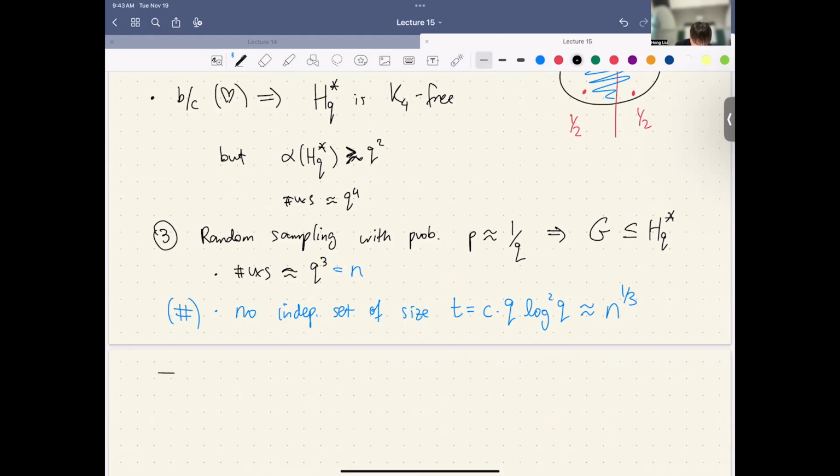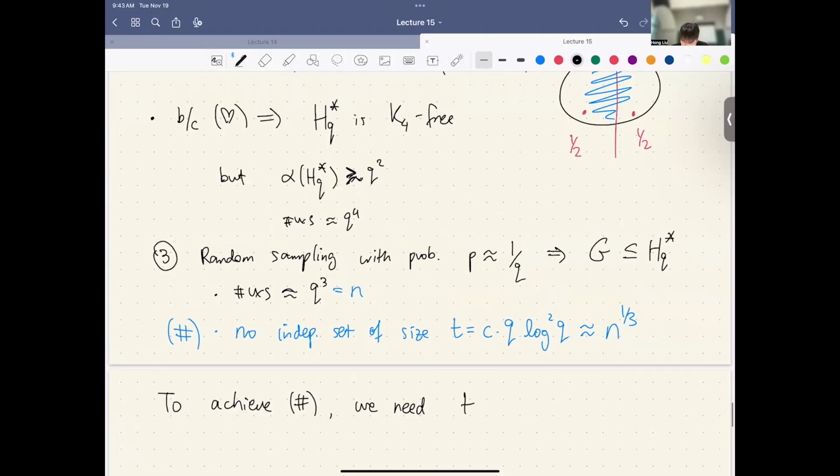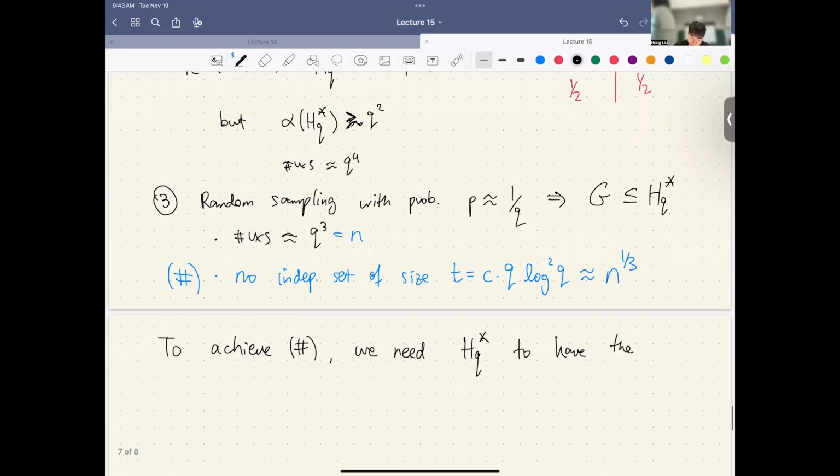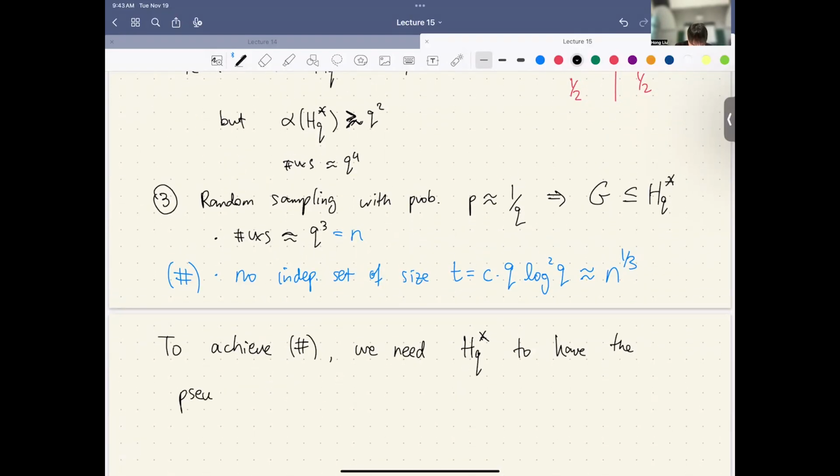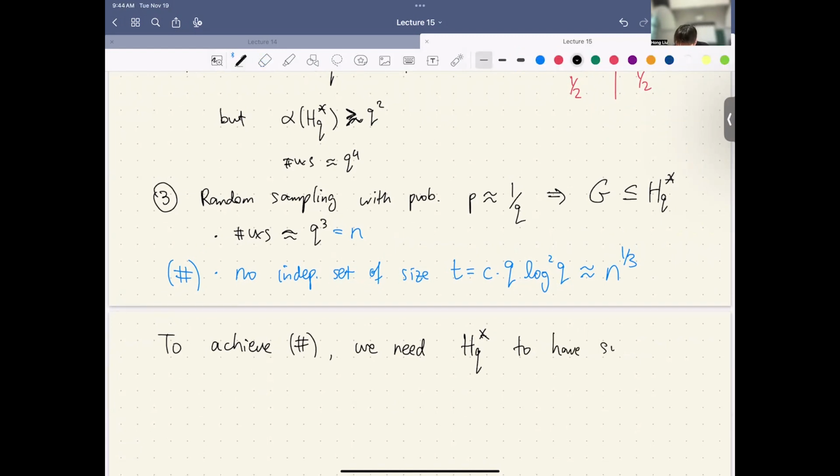To achieve this, we need the graph HQ star to have some sort of pseudorandomness.